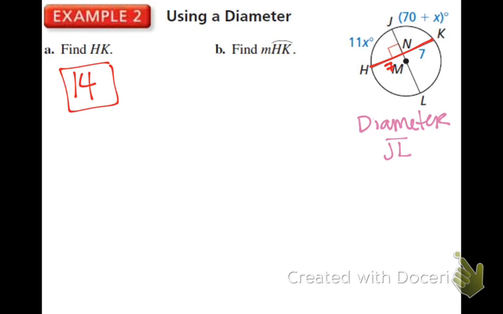All right, the second portion, find the measure of arc HK. Since their chords are congruent, that means their arcs are also going to be congruent. So that means 11x is going to equal 70 plus x. So you will set them equal.